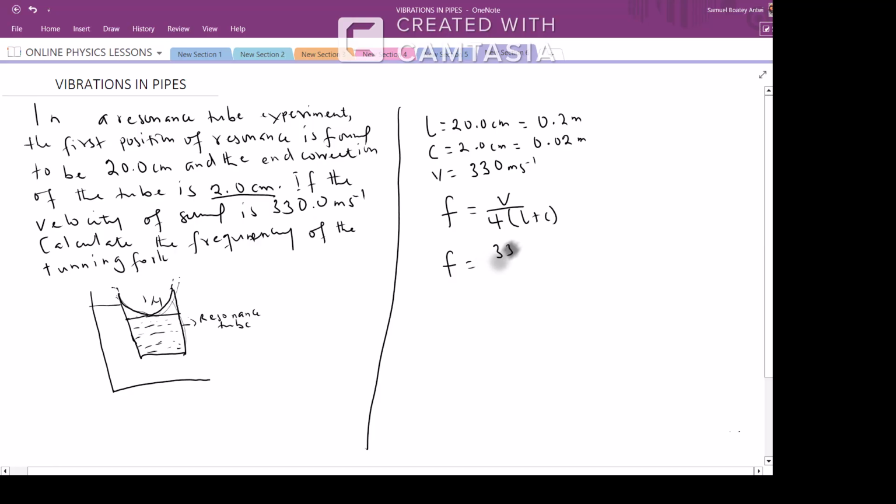V here is 330, all over 4, open the bracket, 0.2 plus 0.02. I think we end up with 330 over 0.88, which gives us 375 hertz. As simple as that. This is how you deal with questions involving vibrations in pipes.